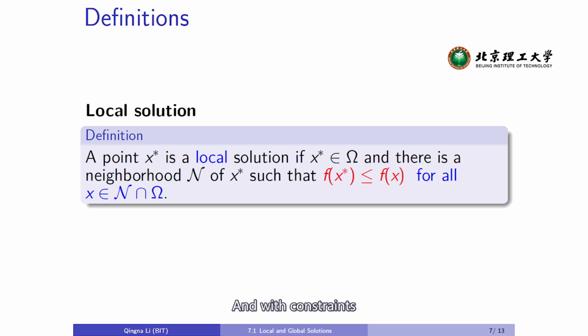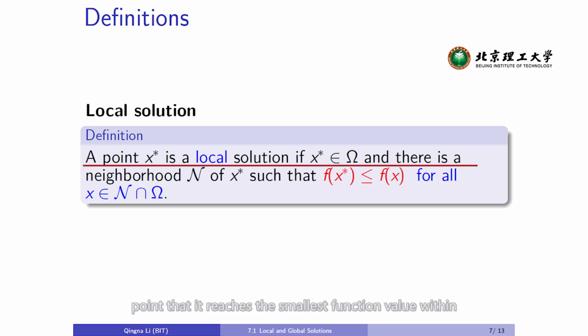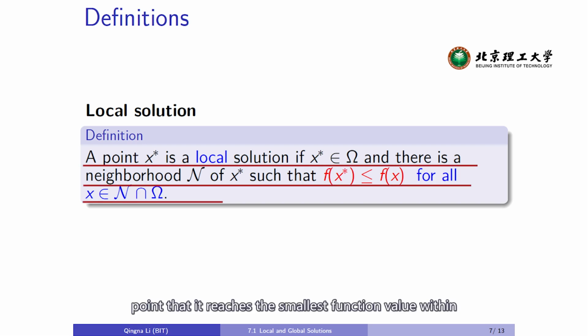With constraints, the definition changes a little bit. We only need to define it as a point that reaches the smallest function value within a neighborhood intersected with the feasible region.